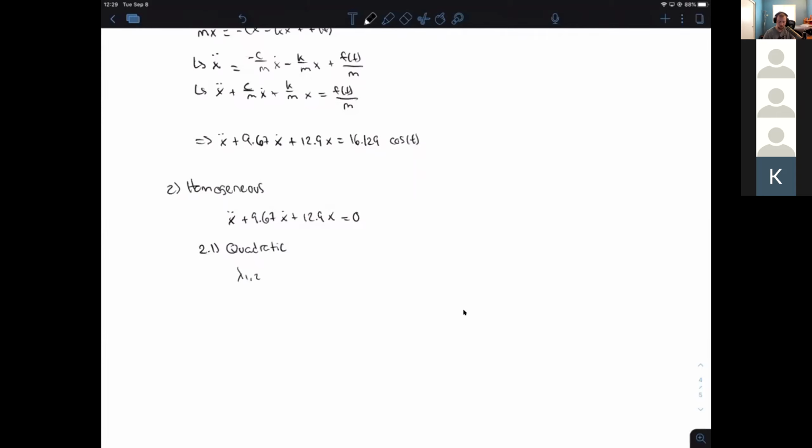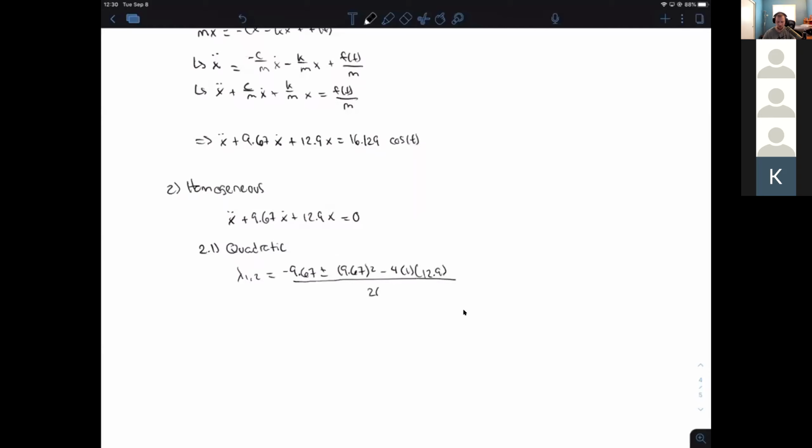So we have lambda 1, comma 2 equals minus 9.67 plus or minus the square root of 9.67 squared minus 4 times 1 times 12.9. I'm sure all of you are singing that song in your head right now.